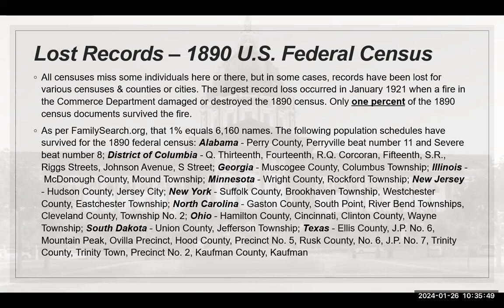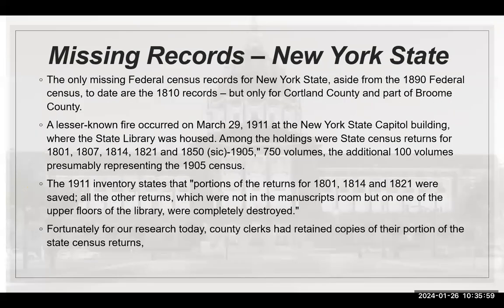And for New York specifically, Suffolk County, Brookhaven Township, Westchester County, and Eastchester Township are the ones that survived. So, we do have missing records for New York State as well. The only missing federal census records for New York State, aside from the 1890 federal census to date, are the 1810 records, but only for Cortland County and part of Broome County.